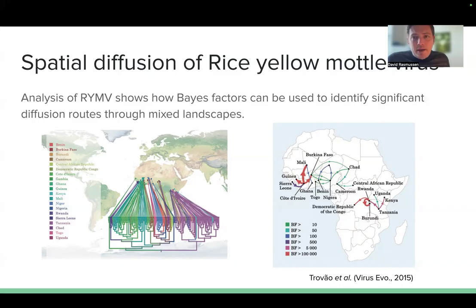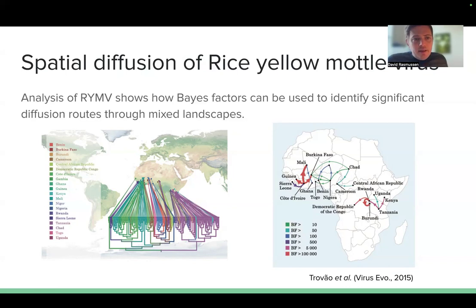Rice yellow mottle virus is a major single-stranded RNA virus that's become a real problem in rice production in Africa, which is important because rice is a major staple crop feeding a lot of people in Africa. So these guys wanted to understand what factors were driving the spatial spread of RYMV.